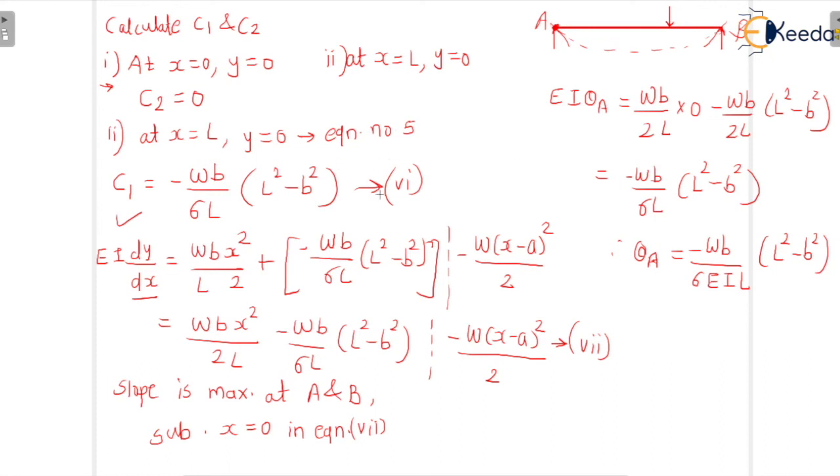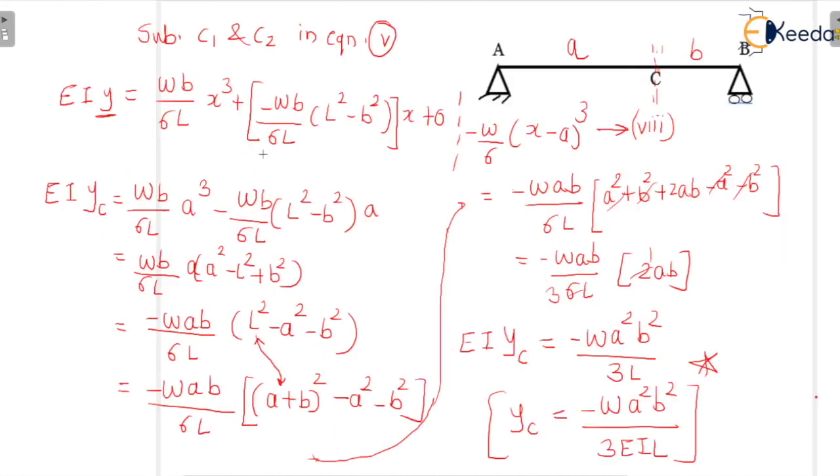Once we got C1 and C2, we substituted them in the equation and arrived at the slope. So we calculated the slope here, and then we calculated the deflection. Hope you understood this theory part in this class, and thanks for listening.